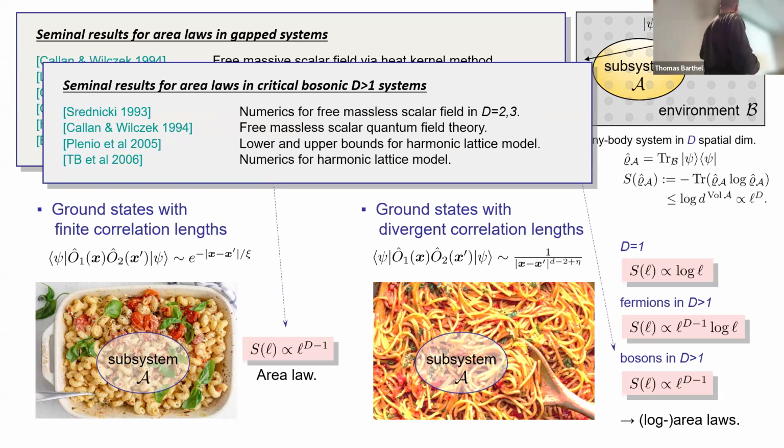For the critical systems, we have just numerics and field theory. You can also derive some rigorous bounds, but in this case just for non-interacting systems. Okay, but generally you find that this is true for most systems that we care about.